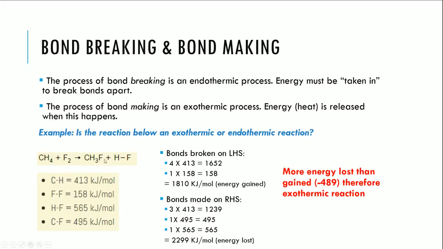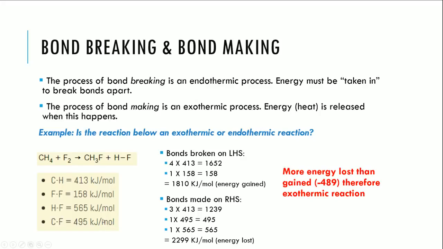On the right hand side, we're basically reforming the bonds that we've broken in different rearrangements, right? So let's think about what bonds we've made on the right hand side. We have 3 CH bonds in this molecule. So 3 times 413 gives you 1239. We have 1 CF bond in this molecule, and it's got 495 kilojoules of energy per mole.